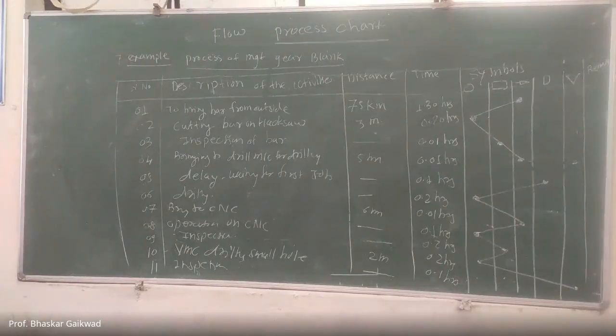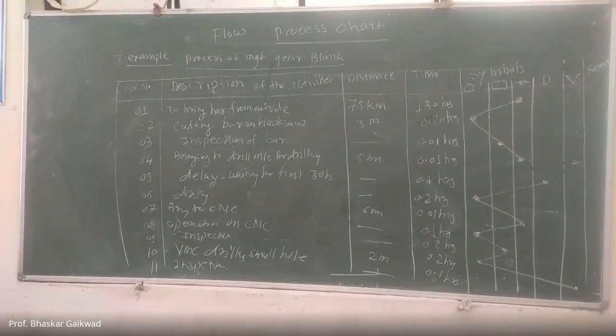So, we'll go for revisions of yesterday's flow process charts, and after this, the next two charts will be there. That is two-handed process charts and multiple activity charts.